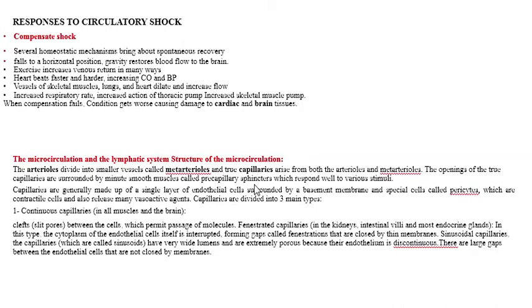The opening of the flow of the true capillaries is surrounded by minute smooth muscle called the precapillary sphincter. So there is a sphincter even in the true capillaries. These capillaries are usually made of a single layer. This is histology.